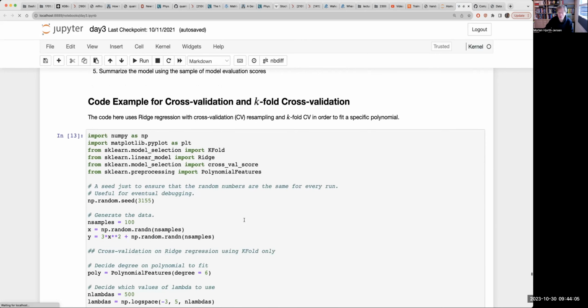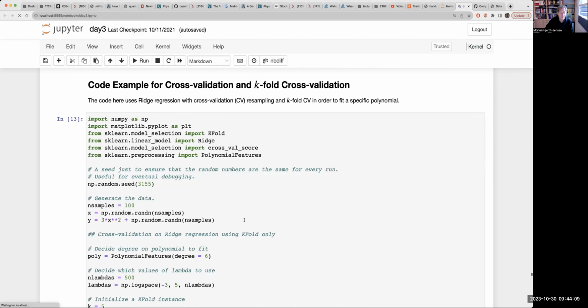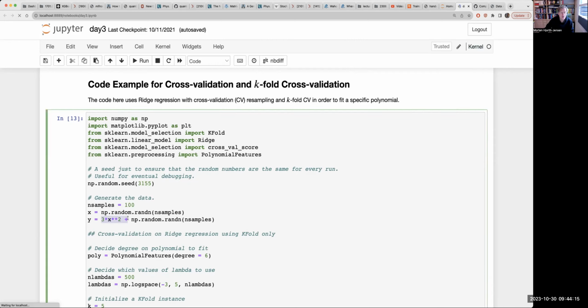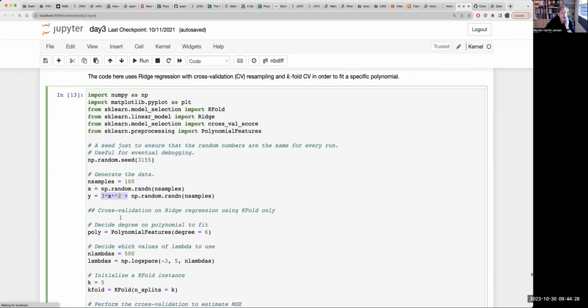So it's pretty straightforward to implement, and you can see a simple code here for a very simple function. Again, we have this very simple vanilla type of data. In this case, I'm using ridge regression because I also wanted to remind you a little bit about how we implement ridge regression.